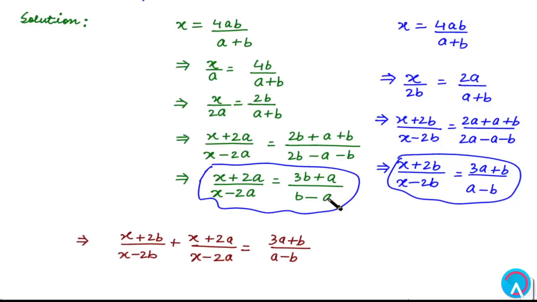And here if we take minus common, this becomes minus outside 3b plus a in the numerator, and in the denominator we will have a minus b.